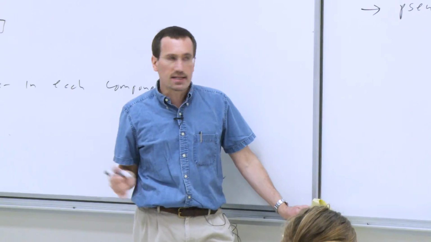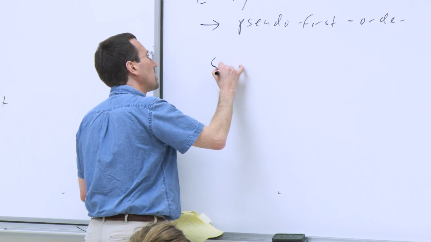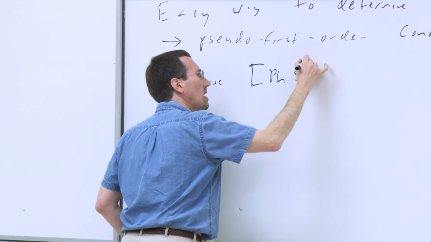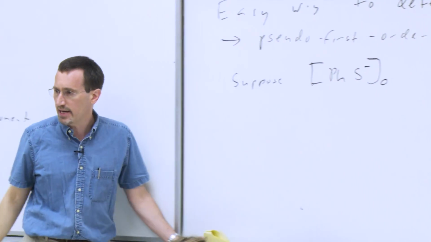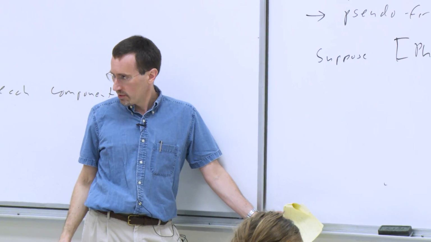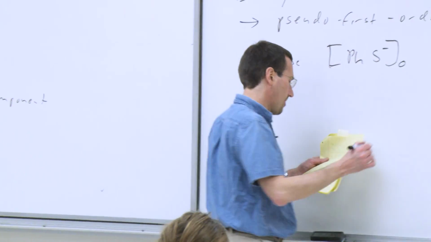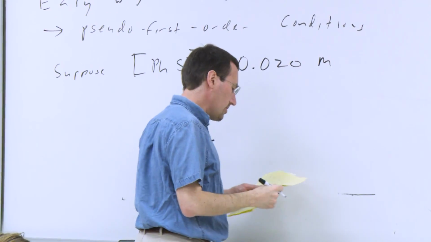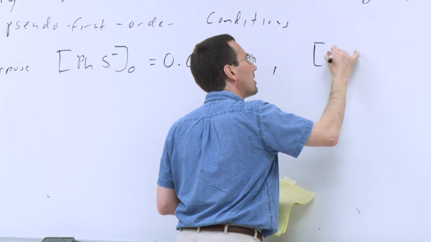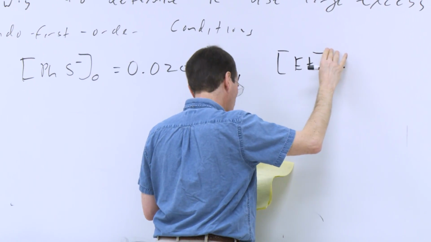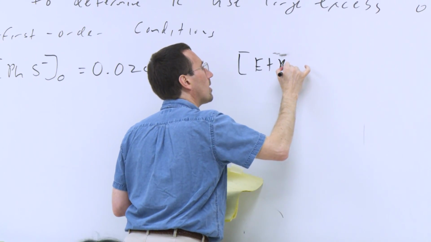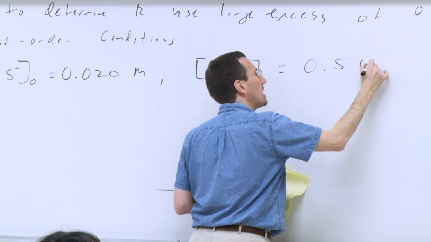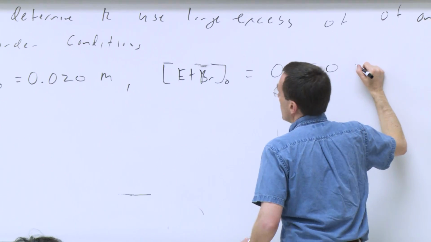Let's take as an example our benzene thiolate. Suppose we go ahead and use an initial concentration of benzene thiolate of 0.020 molar. And I use a huge excess of ethyl bromide. So I'll use an initial concentration of ethyl bromide of 0.50 molar.